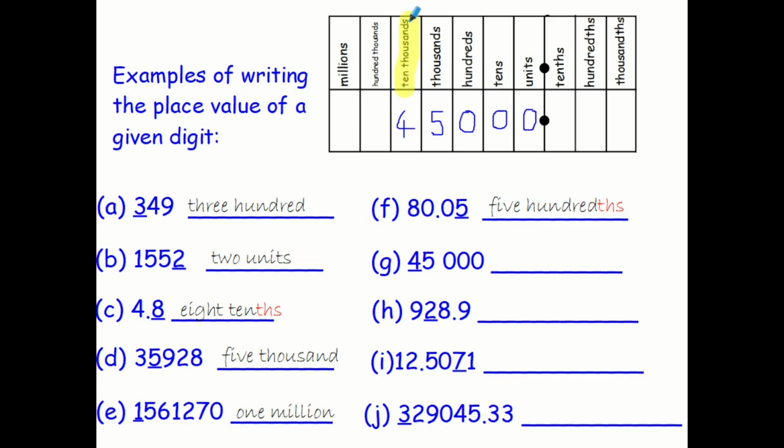Okay, well this column is called the 10,000s. So we actually say that this is 40,000. If we said this number as it is, it's 45,000, but we'd say that the place value of that digit therefore is 40,000, written like this.